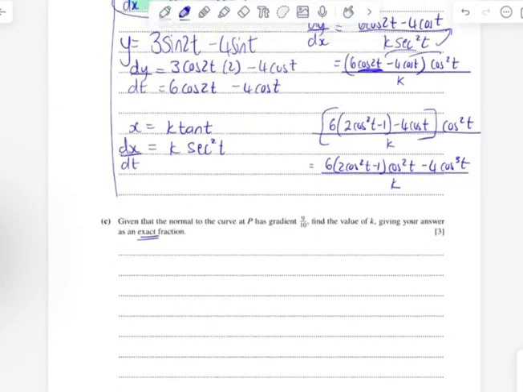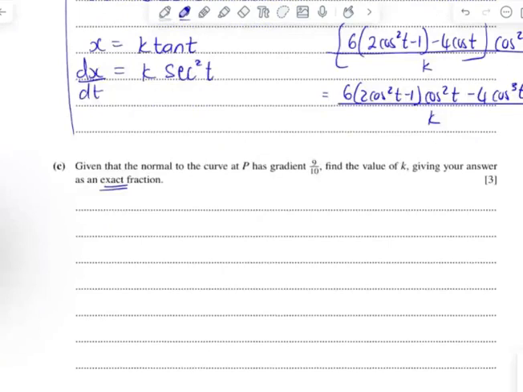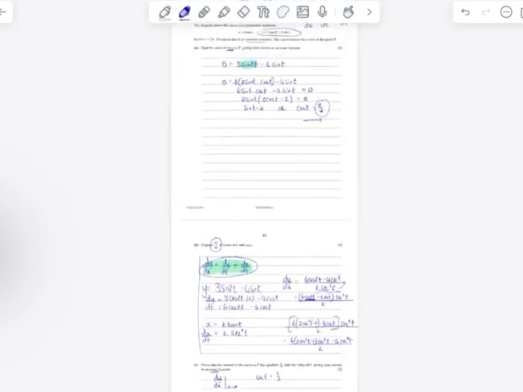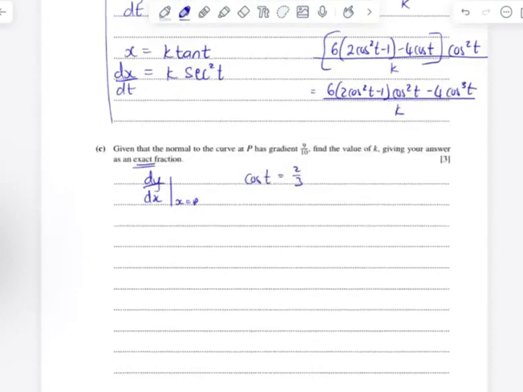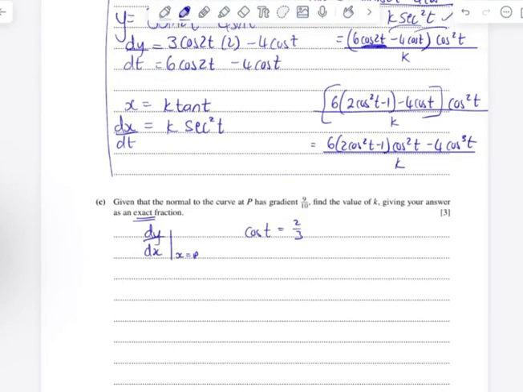Okay, so we've got our derivative, dy/dx, where x is equal to p. We know that cos t is 2/3. I think that's going to be useful information. Okay, so this is my derivative over here. I can take my derivative and I can plug 2/3 into all my cos t's.